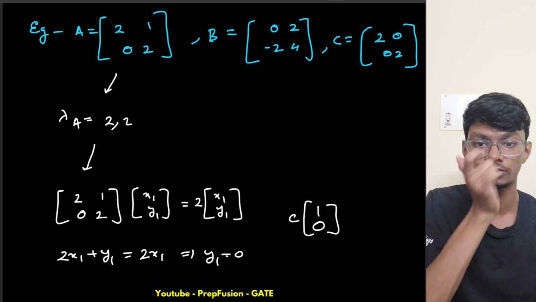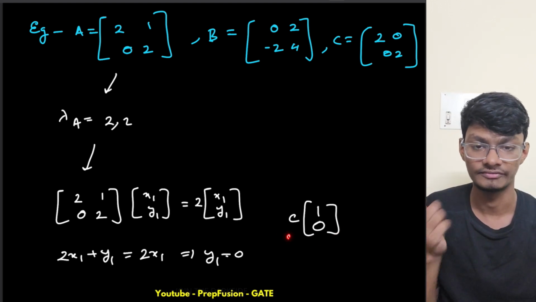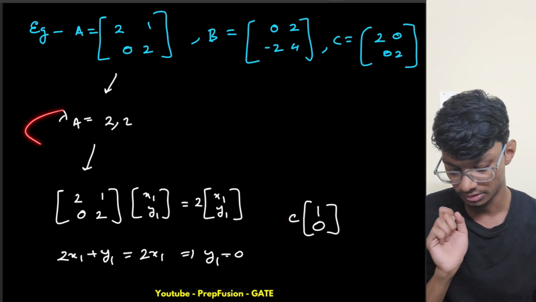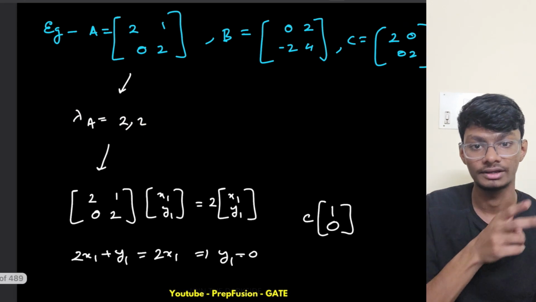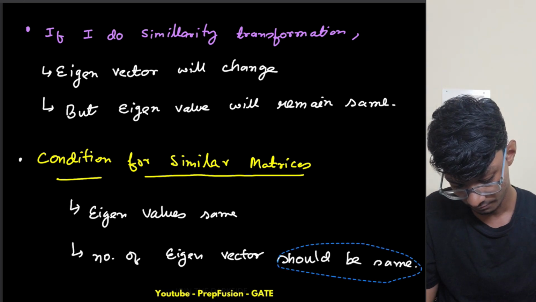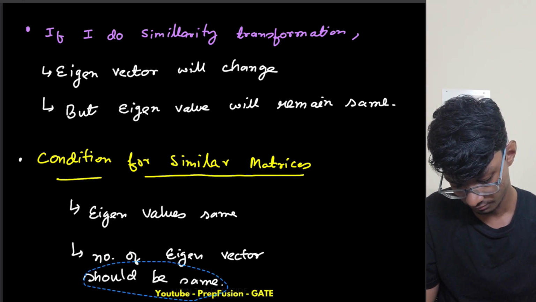If I take 2 comma 0, that is just dependent on this one. If I multiply 2 with this one, I will get that one only. So it is linearly dependent. So the thing to notice is the number of independent eigenvectors. So here I should also write the number of independent eigenvectors.